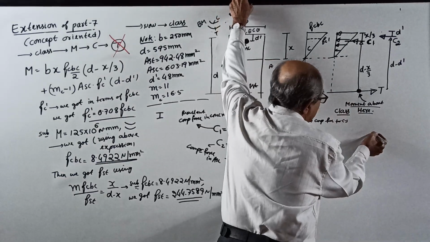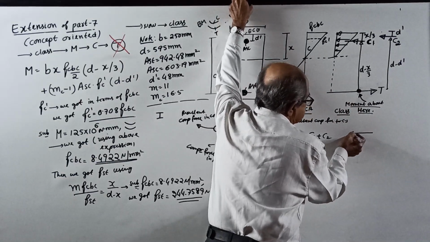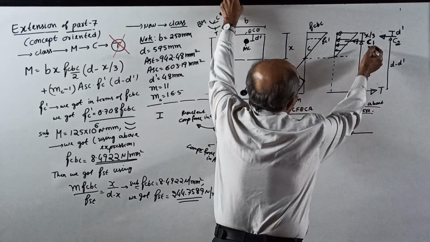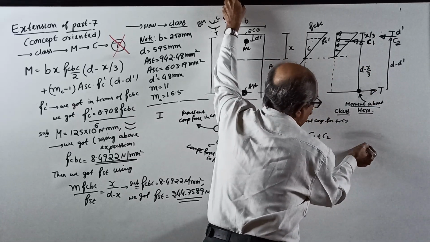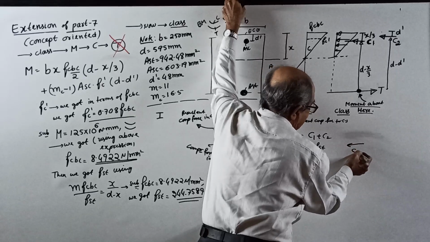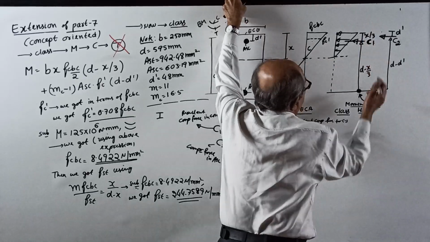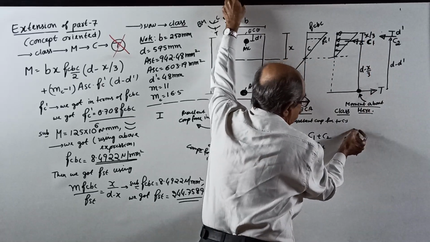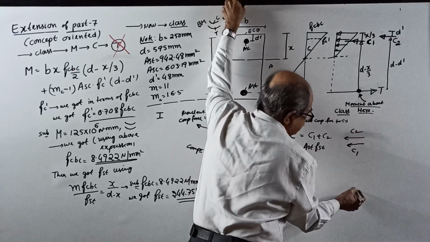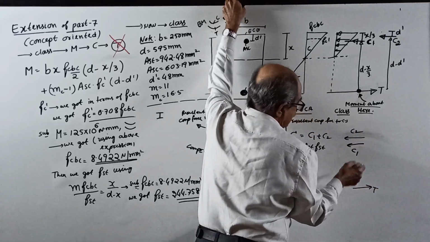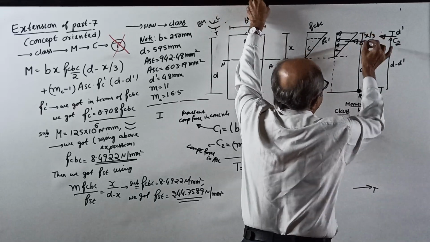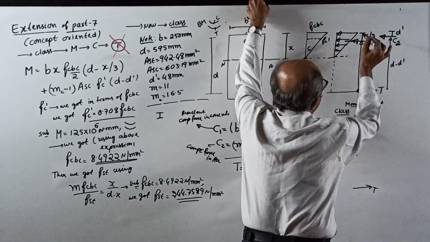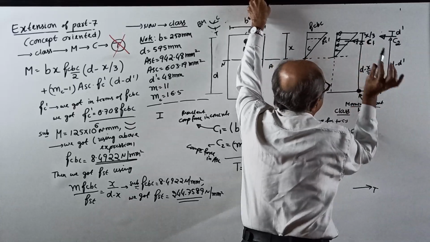The doubly problem is, in this section, there is one force C1 here, and a little upper side we have another force C2, and the tension force is T here. For C1, the distance is d minus x by 3.